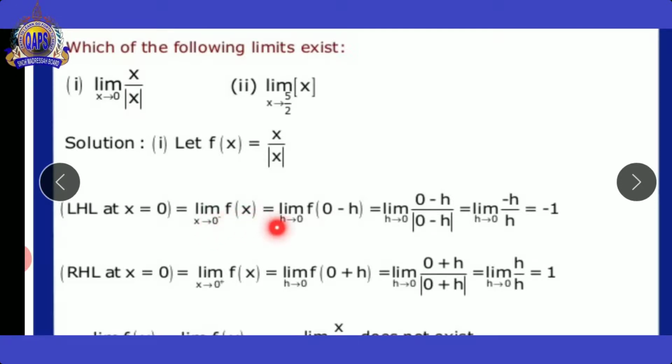So f of 0 minus h is 0 minus h upon modulus of 0 minus h. See here, when we apply the limit, then in the place of x we put x minus h. Here x approaches 0 and h will become the same.